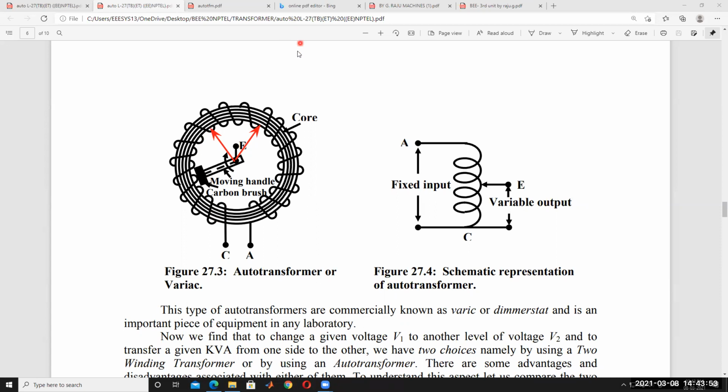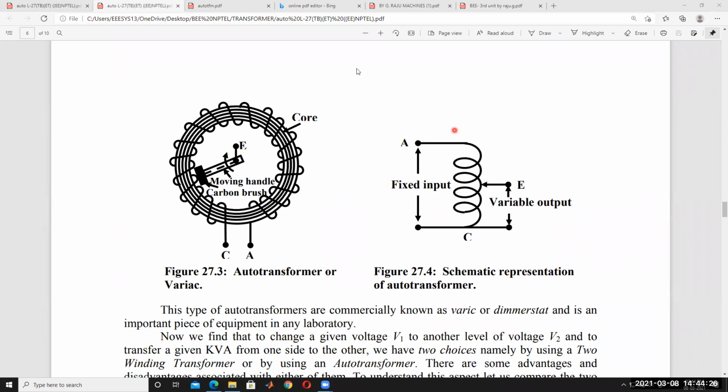Finally, for maximum voltage, the tapping is here, and A and E are connected together. That means the input voltage is equal to the output voltage. E is variable, by changing its position upward and downward.